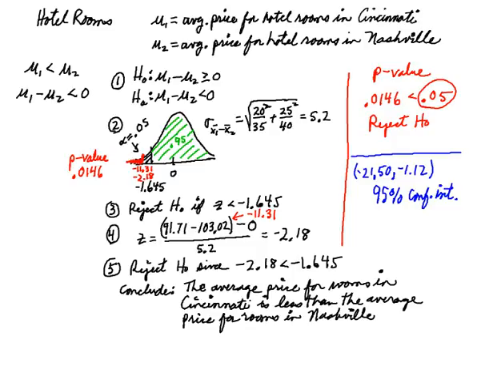We're 95% sure then that Cincinnati had the smaller average price per room, because both of those values from the left end of that interval to the right end are negative. 95% that the difference in the population averages is negative. 95% confident that Cincinnati has the smaller average price per room.